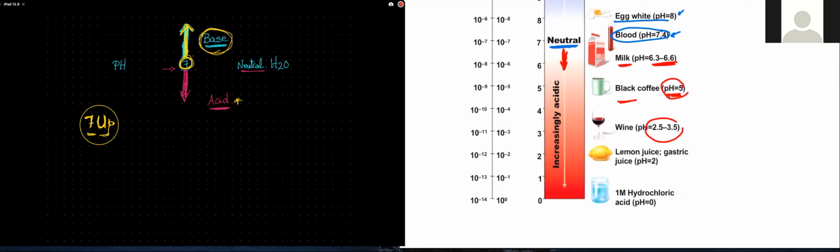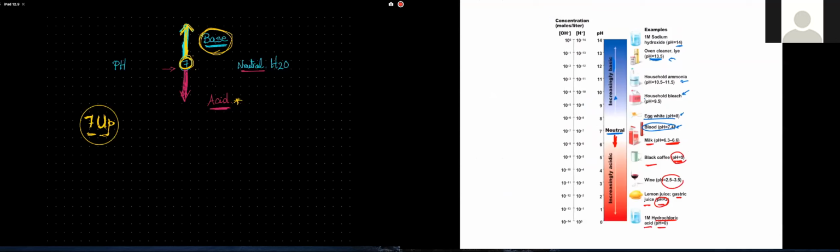Lemon juice and gastric juice is going to be of a pH of 2. Hydrochloric acid is going to be of a pH of 0. So again, pH is a scale that tells you the degree of acidity and alkalinity.